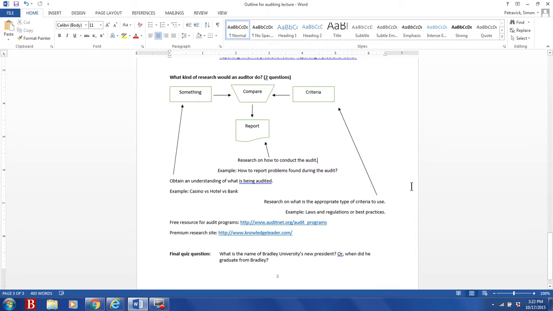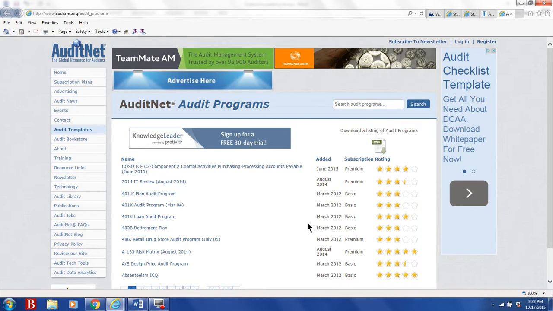Besides looking at the Institute of Internal Auditors website and the AICPA website, there are some people who have made a living on just helping auditors find audit programs. So AuditNet is an interesting organization. It was started by a guy who just thought it would be useful to have a place where auditors can go to share programs.